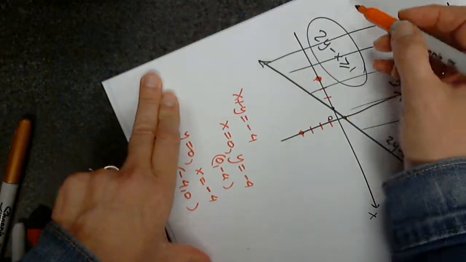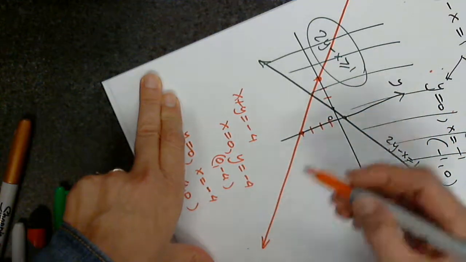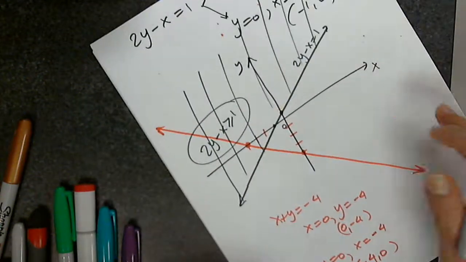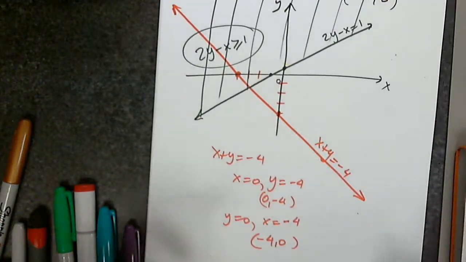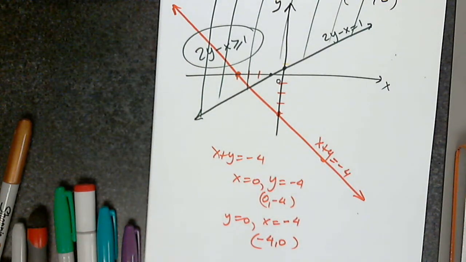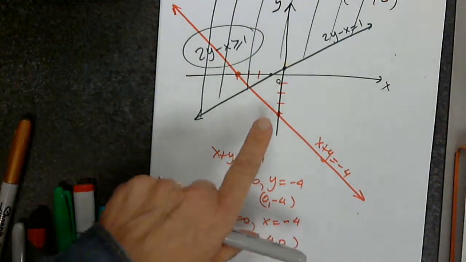Good. This is just a line. X plus y equals negative 4. It does not pass through the origin. If the line passes through the origin, I cannot use the origin. So it does not pass through the origin. So I go back to the inequality. I use 0, 0.